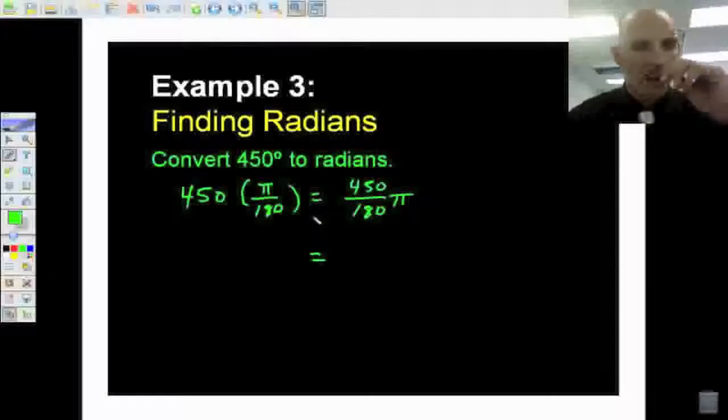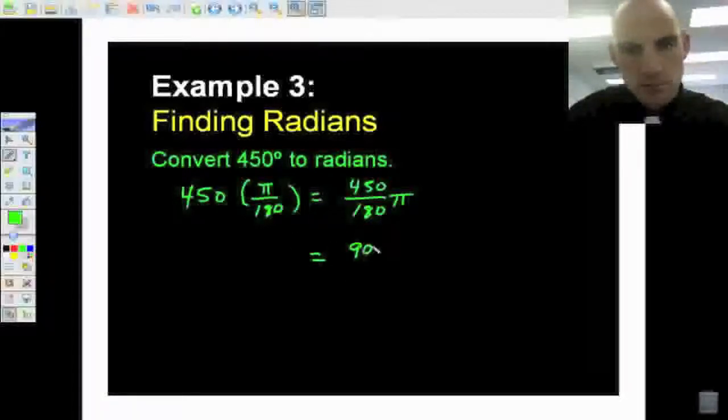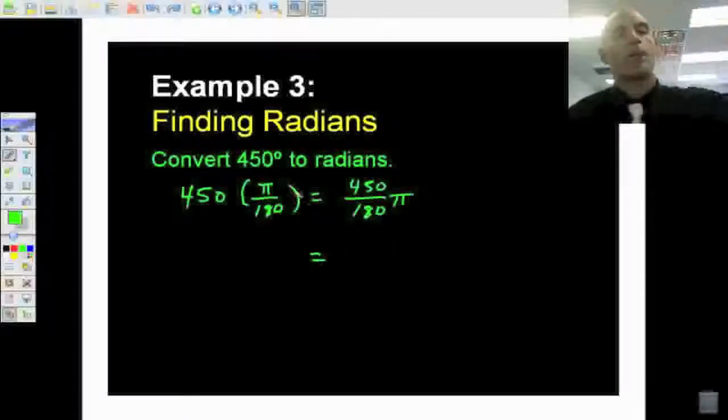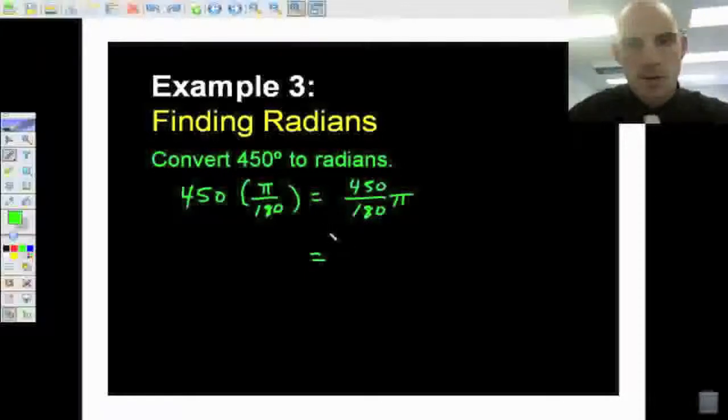I've got 900 over 360. We'll skip this step. I wanted to bump it up one to give us a better idea. When I reduce this, I know that 90 is going to go into both, and so I'll reduce by a factor of 90. So this is going to be 5 over 2 times pi. It's that simple. This is what we're multiplying by.